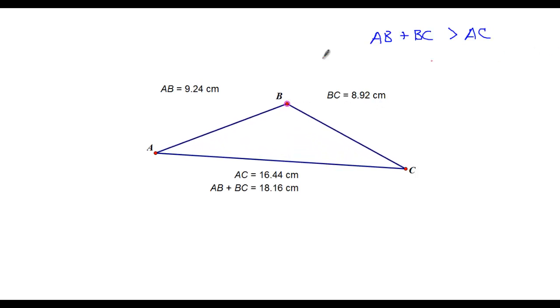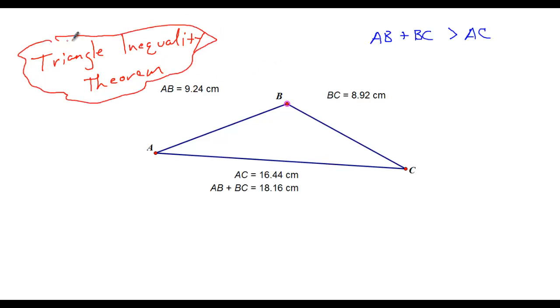So this concept or this idea is called the triangle inequality theorem. And the triangle inequality theorem just says that any two sides of a triangle have to add up to greater than the third side. So you may want to write that down. Okay?